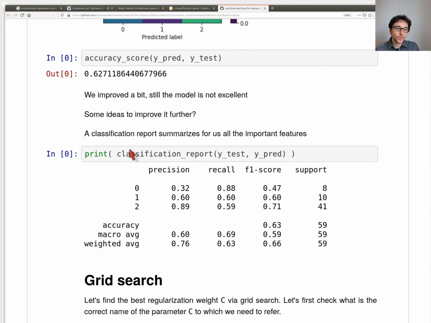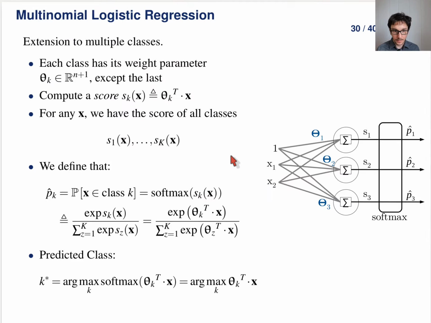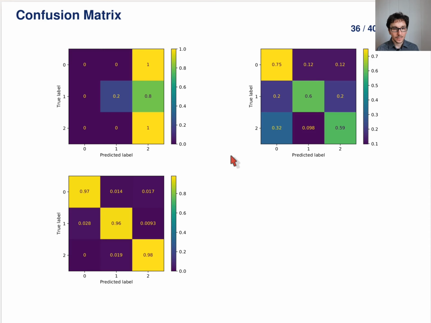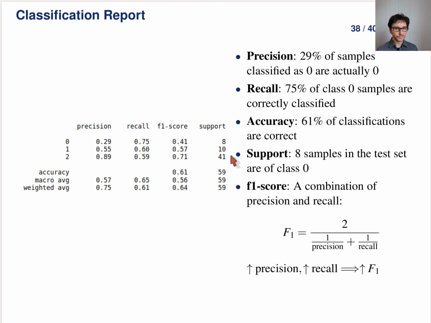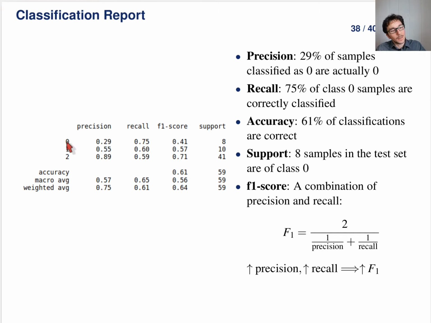A nice way to summarize the performance of a classifier on the test set, of course, is the classification report. Let's see the slide for that. It's the last slide, I think. Yes. So let's see directly what these numbers mean. Let's consider, for example, class 0. So precision 0.29 means that 29% of samples classified as 0 are actually 0.